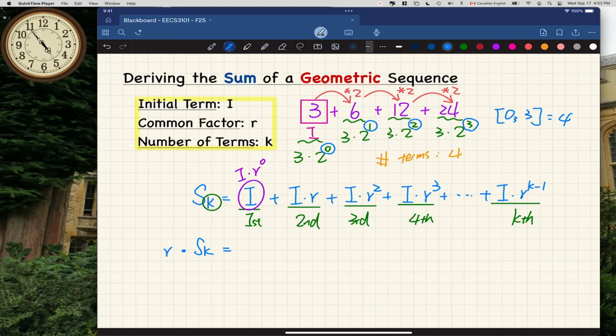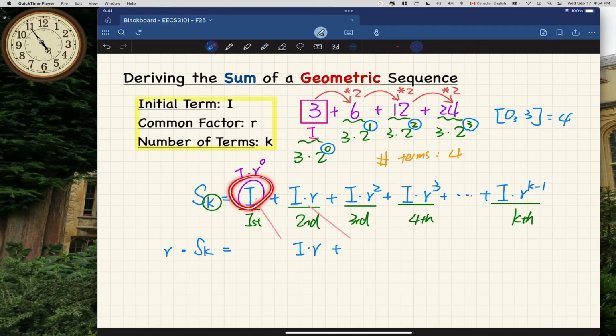So think about what's going to happen here. For this one here, if you multiply I by r, it's going to be I times r, right? So I'm going to put it this way, just easier for you to see. So I here, once you multiply by r, is going to be I times r. And then for this one here, I times r, times r again, right? Every term.